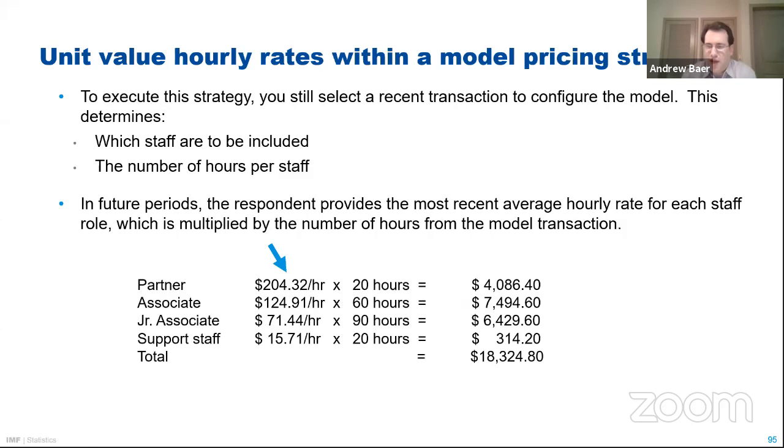To execute this strategy, which is really mixing the model price approach with the unit value approach, we select a recent transaction to configure the model. We collected that transaction, which said that to accomplish the service, the partner billed 20 hours, the associate billed 60 hours, the junior associate 90, etc. So we take that recent transaction to tell us which staff should be included in our transaction price and the number of hours for each of those staff members.